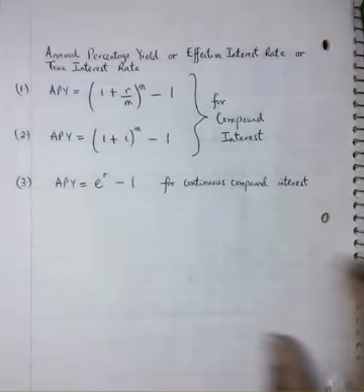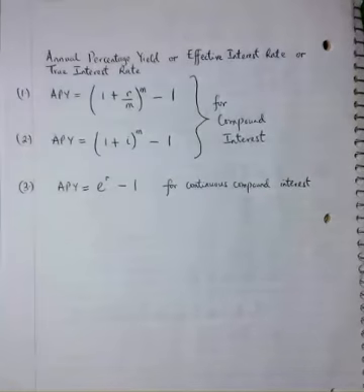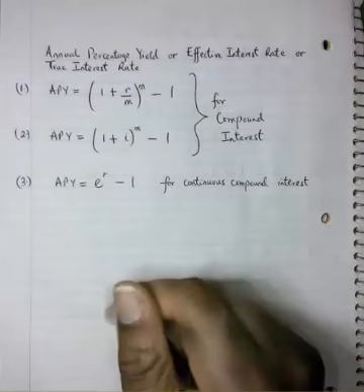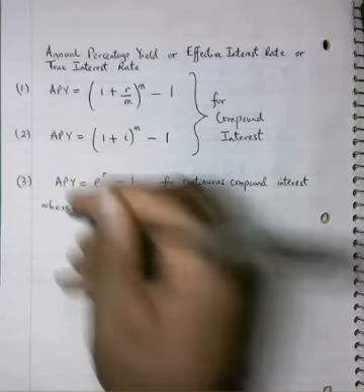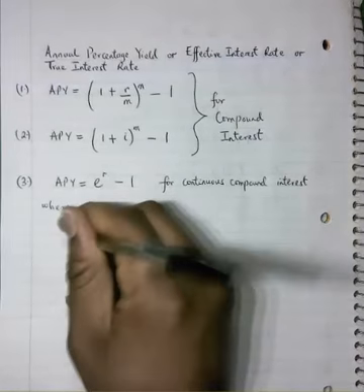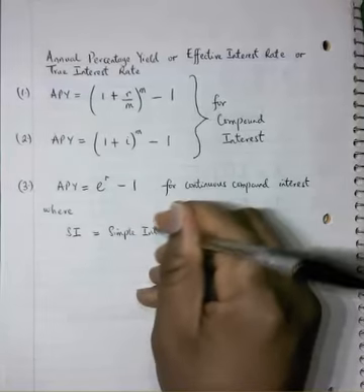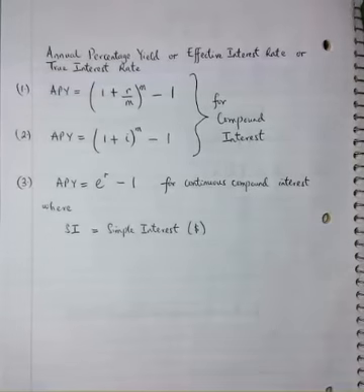So now let's write what all these symbols mean. Where SI, we call this simple interest. Of course, this simple interest we have in dollars, or any currency that your country is in.